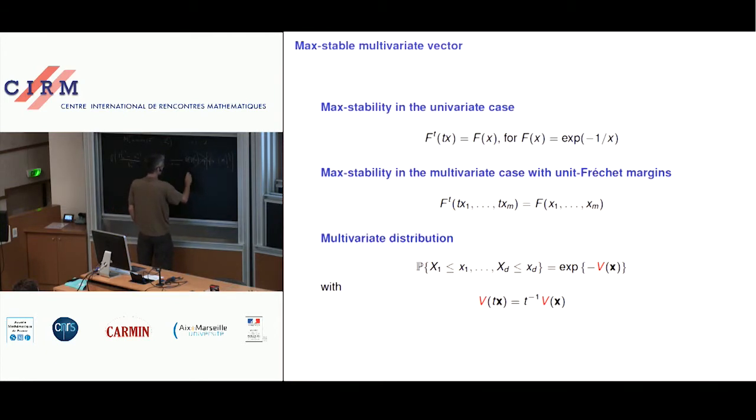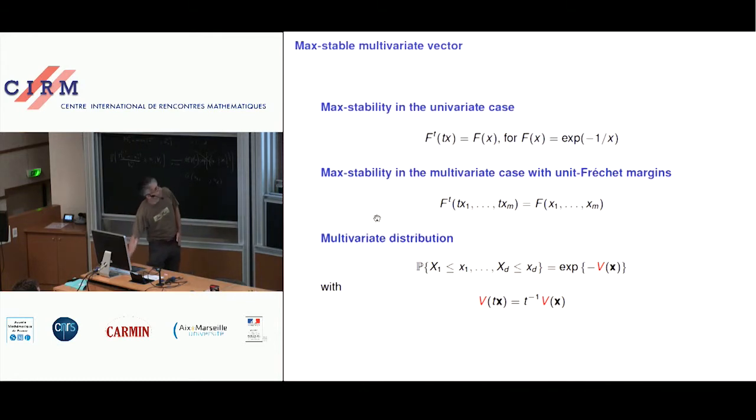You have something much more like G of x1, ..., xd. There is the asymptotic theory, exactly like the univariate case, which tells you that component-wise maxima converge to this type of distribution, which I'll call here F, if it has unit Fréchet margins.